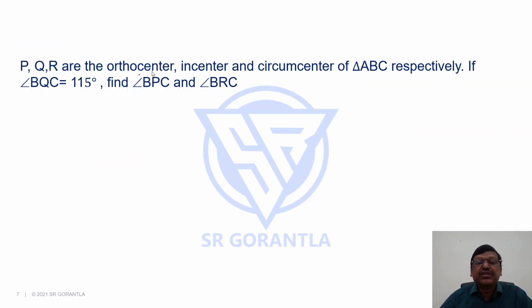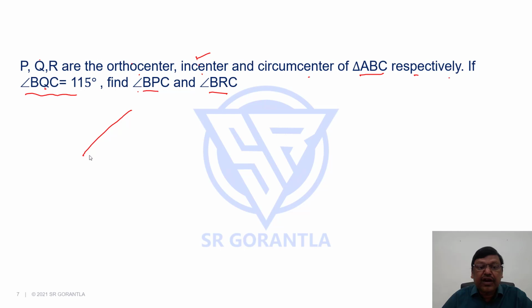Now let's apply these points and solve a question. P, Q, R are the orthocenter, incenter and circumcenter of triangle ABC respectively. If angle BQC is 115 degrees, find angle BPC and BRC. What is Q? Q is the incenter.